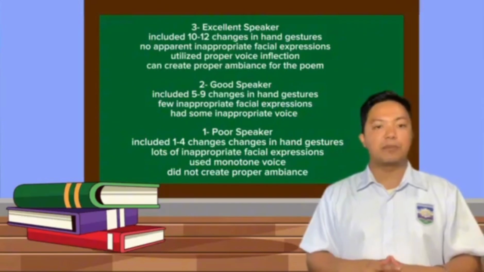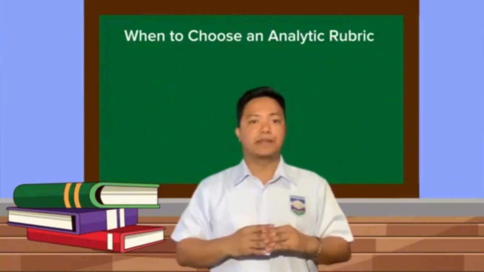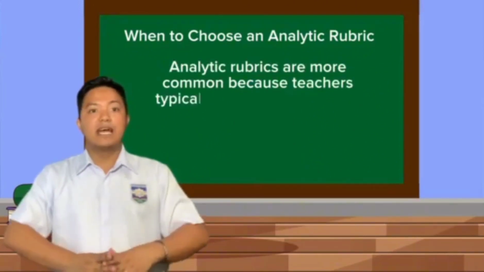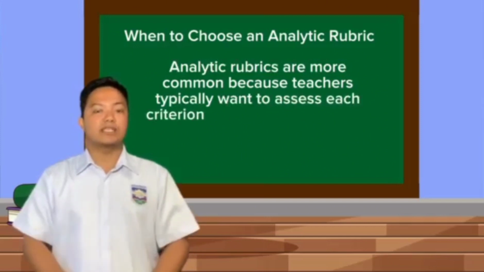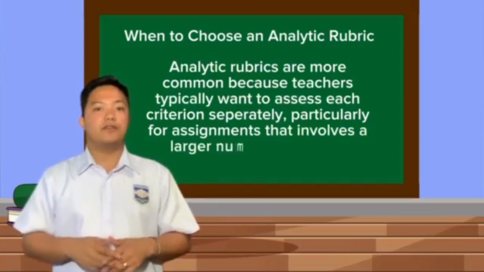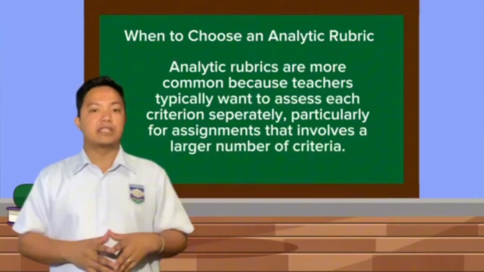When to choose an analytic rubric? Analytic rubrics are more common because teachers typically want to assess each criterion separately, particularly for assignments that involve a larger number of criteria.